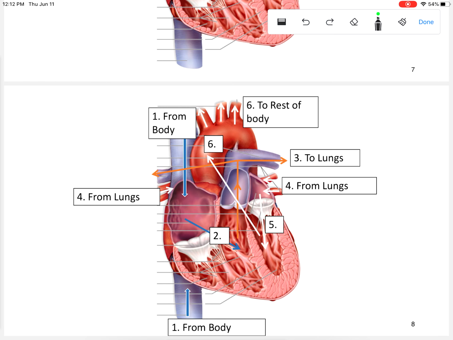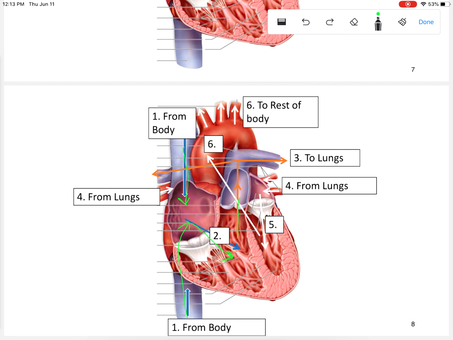Okay, so from the beginning, right? Blood is going to return from the body to the heart into the right atrium from the superior vena cava, and blood is going to return from the body via the inferior vena cava into the right atrium. This blood is deoxygenated. When the right atrial wall contracts, it's going to push blood through the tricuspid valve into the right ventricle.